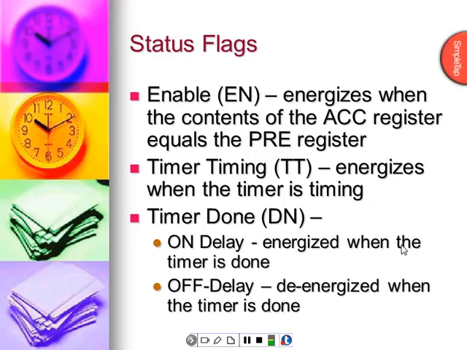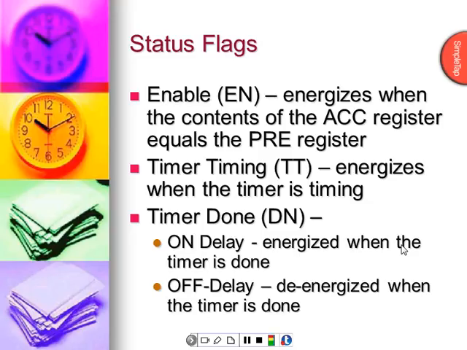So if I've set that timer that we were looking at a while ago for 15 seconds, only for those 15 seconds is it in TT mode. Before I enable it, the TT is not working, and after it's done, the TT is not working. Everybody okay?